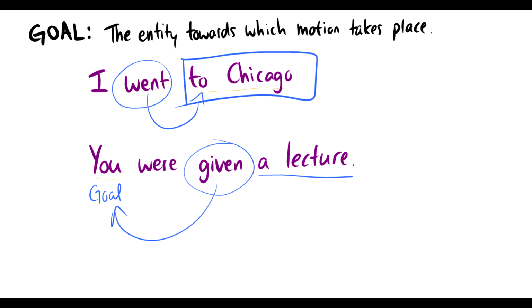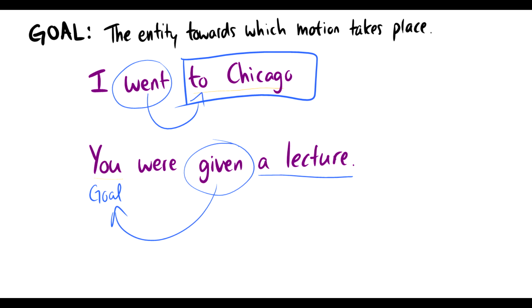So you were the goal of the verb. You were the goal of what was being given. So if I were to say I gave Mary a pot, well, Mary is the goal in that sentence since I'm the one giving a pot to something, and that something is Mary.